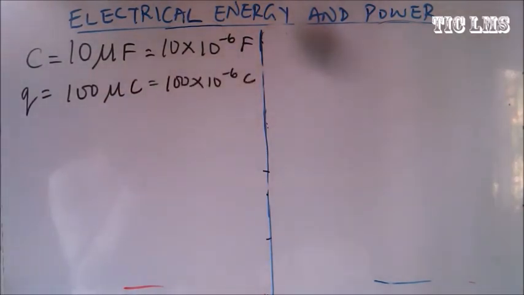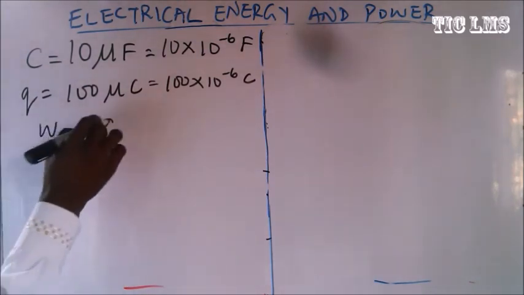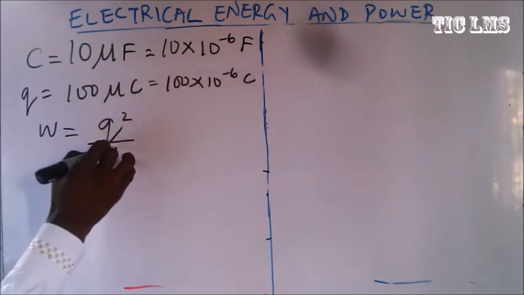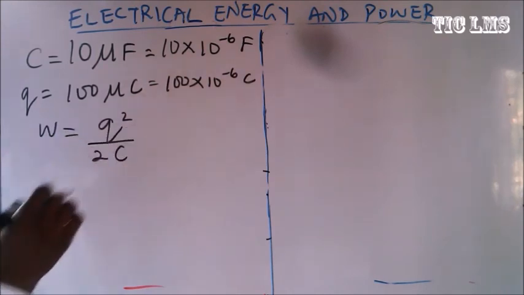Now we have to calculate the energy stored using this information, and we'll look for a formula that will bring these two together, and that will be the energy stored equals Q squared over 2C.